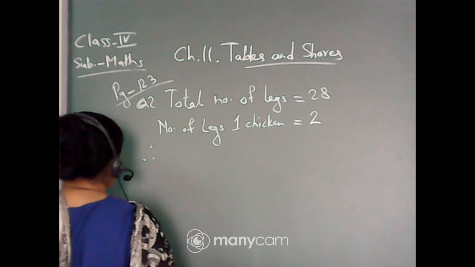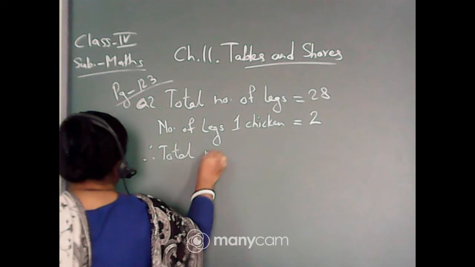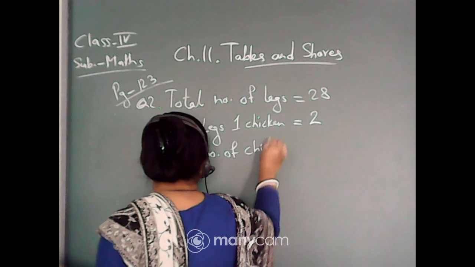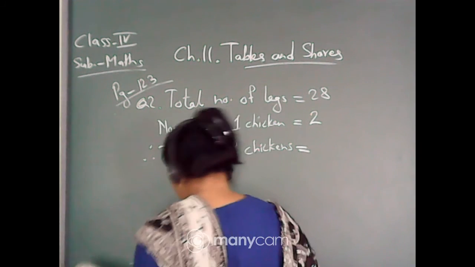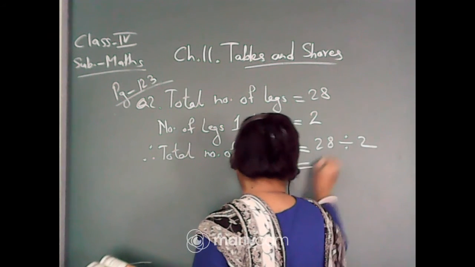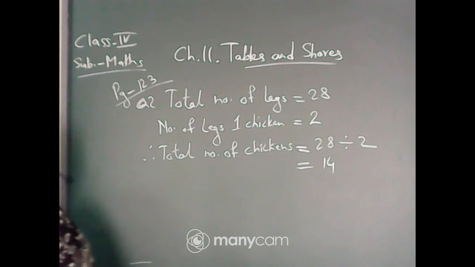Therefore total number of chickens is equal to 28 divided by 2. It is 14. 28 divided by 2, it is 14.